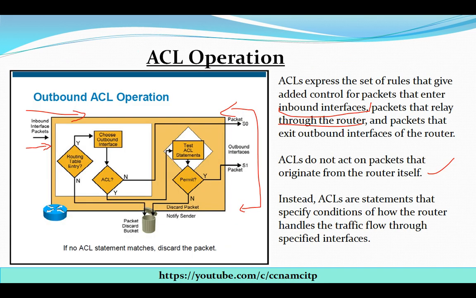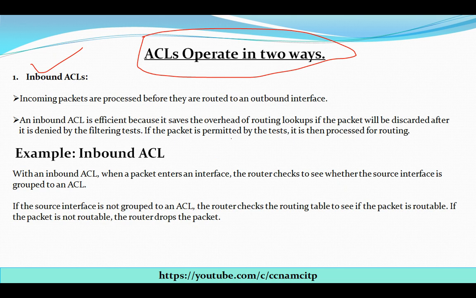So one test happens before the packet goes to the outbound interface; it has to pass or fail. If it fails, that packet will be discarded and it will save the overhead of the router. If the packet is permitted by the test, it is then processed for routing.